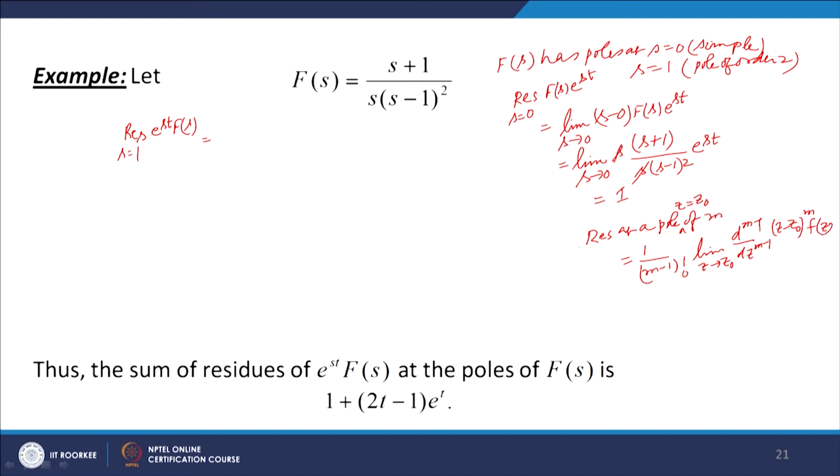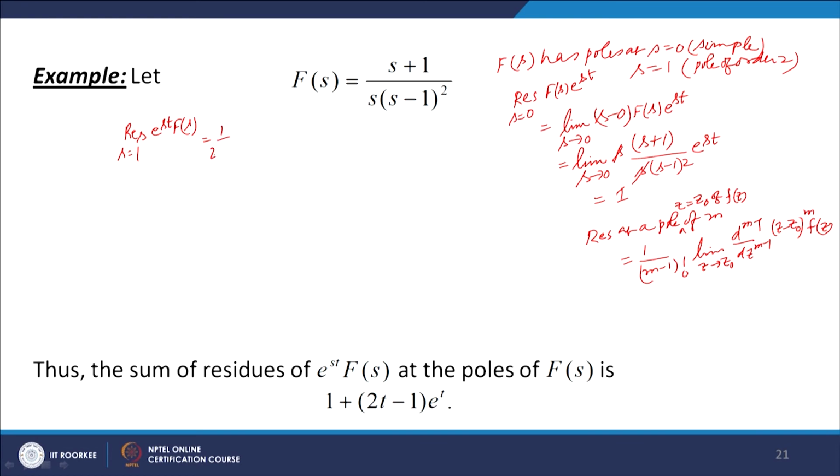If f(z) has a pole of order m at z equal to z naught, then we apply this formula for the residue at the pole z equal to z naught of f(z) of order m. Okay. So, by this formula, here we have a pole of order 2.